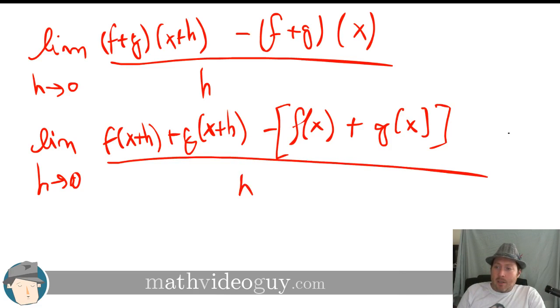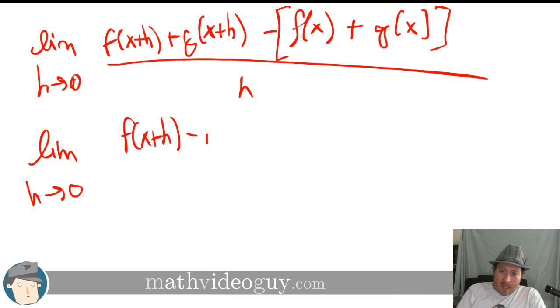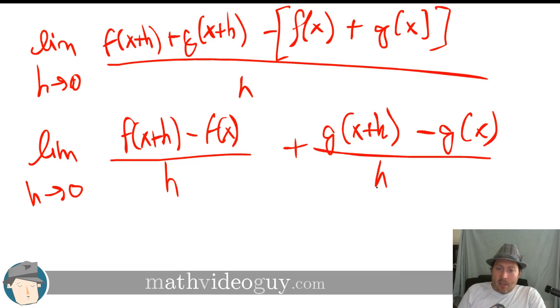all divided by h. Okay, and then here we're going to group terms in some way that makes us happy. Usually that means grouping the f's together and grouping the g's together. So f of x plus h minus f of x divided by h, plus g of x plus h minus g of x all over h. That kind of makes me happy. So we're taking the limit of this right here.